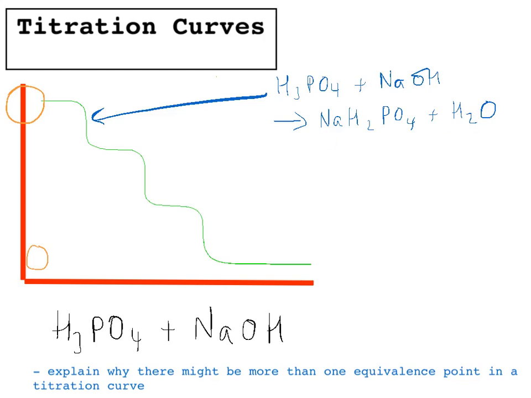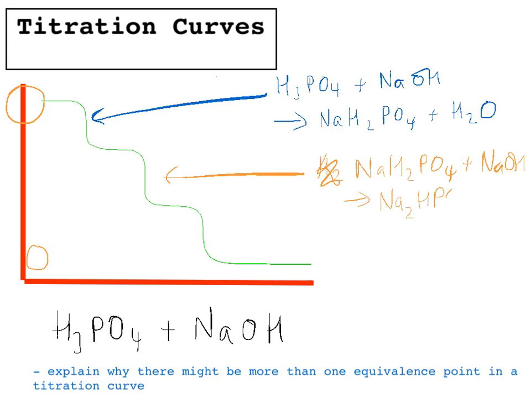And then our next equivalence point, we've got the NaH2PO4 reacting with another NaOH to give us Na2HPO4 plus water.